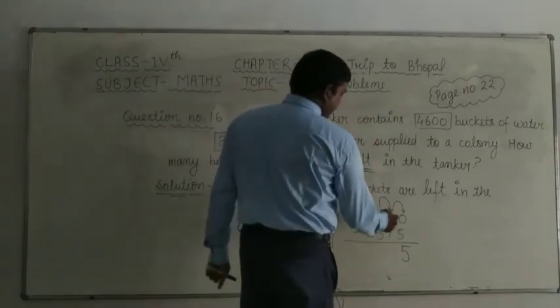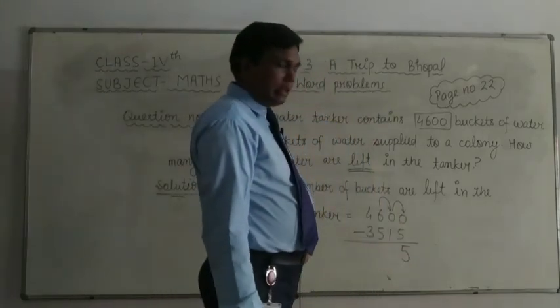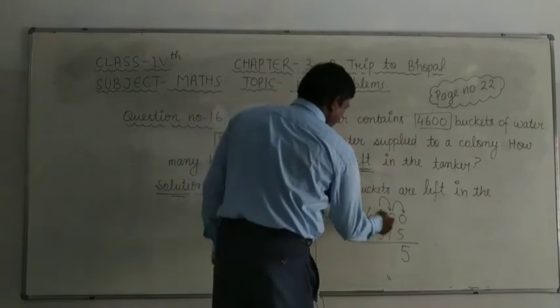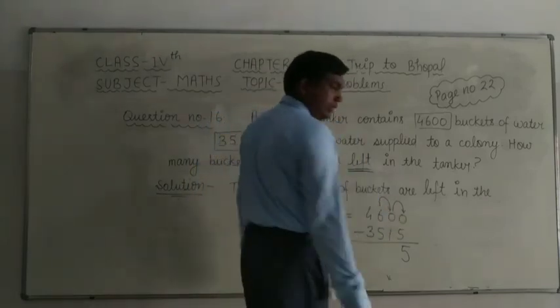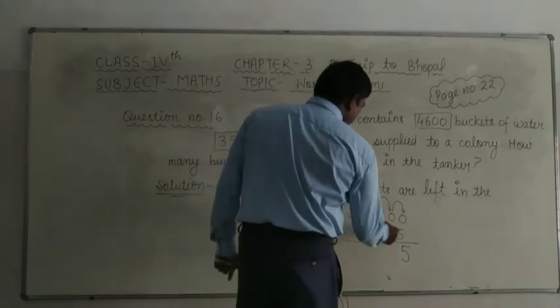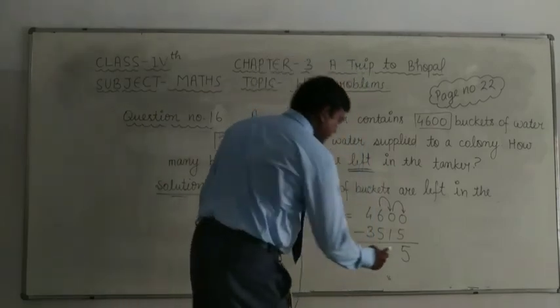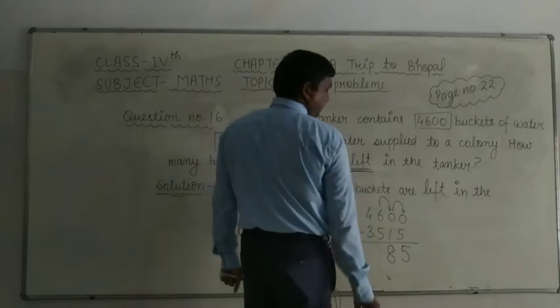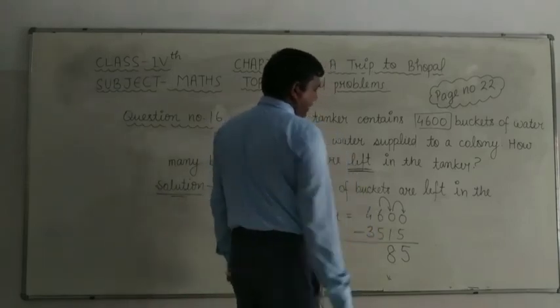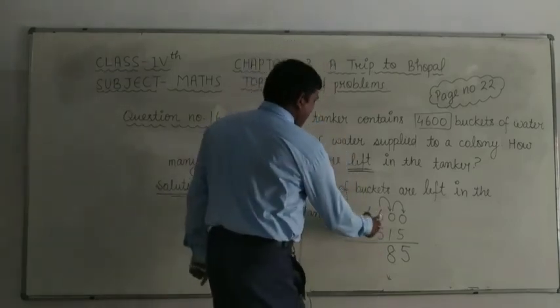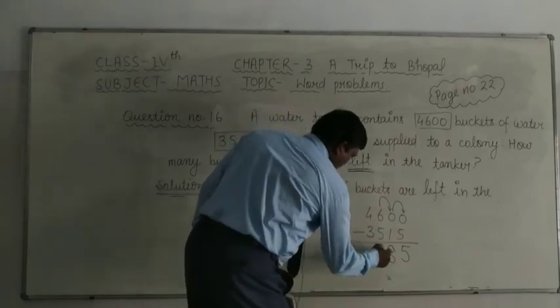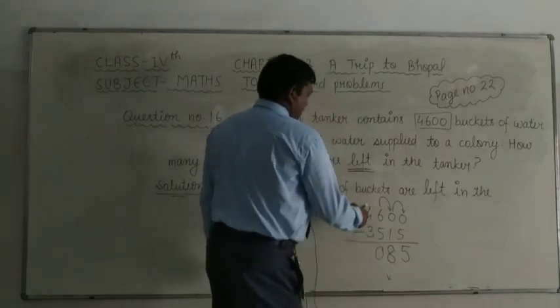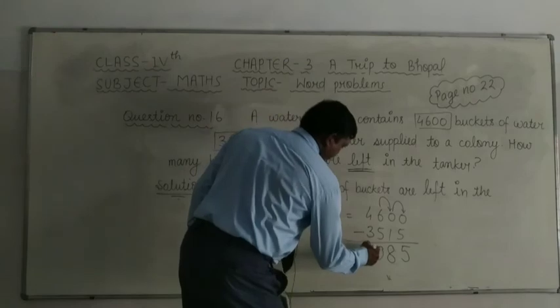Here we get 9 in place of 10. 10 minus 9, here we get 9, 9 minus 1 is 8. And here we get 5 in place of 6. 5 minus 5 is 0, and here 4 minus 3 is 1.